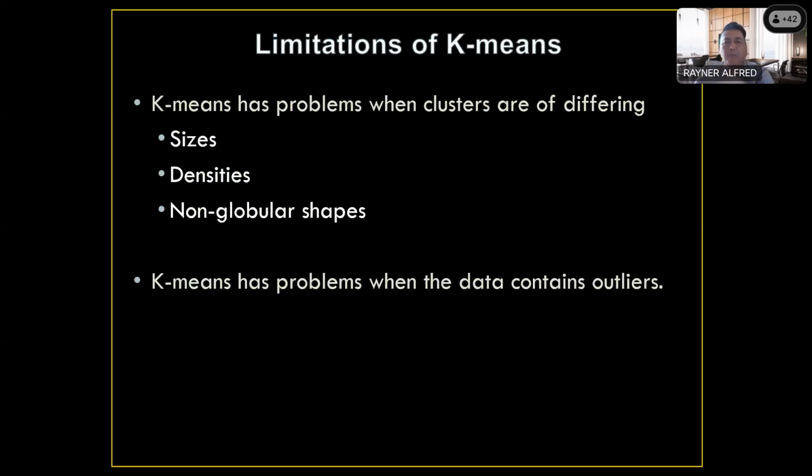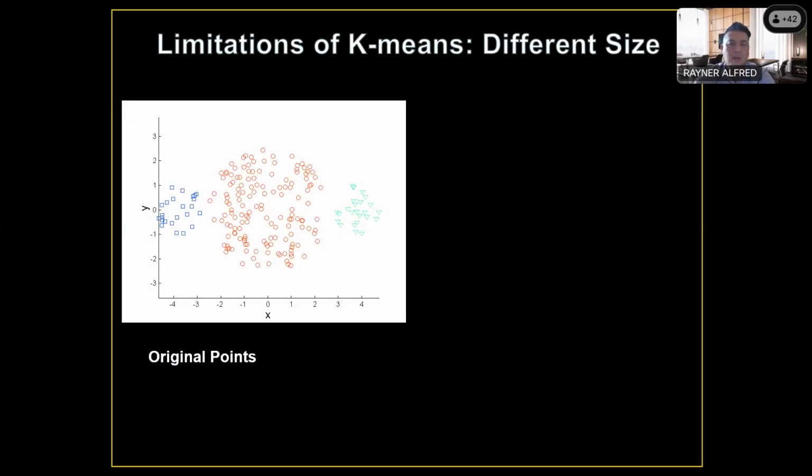Okay. The problem with K-means can be illustrated if we have different sizes, different densities, or non-globular shapes, where you have different shapes of data. For example, for this one we have different sizes. So we have the blue, the red, and the green.